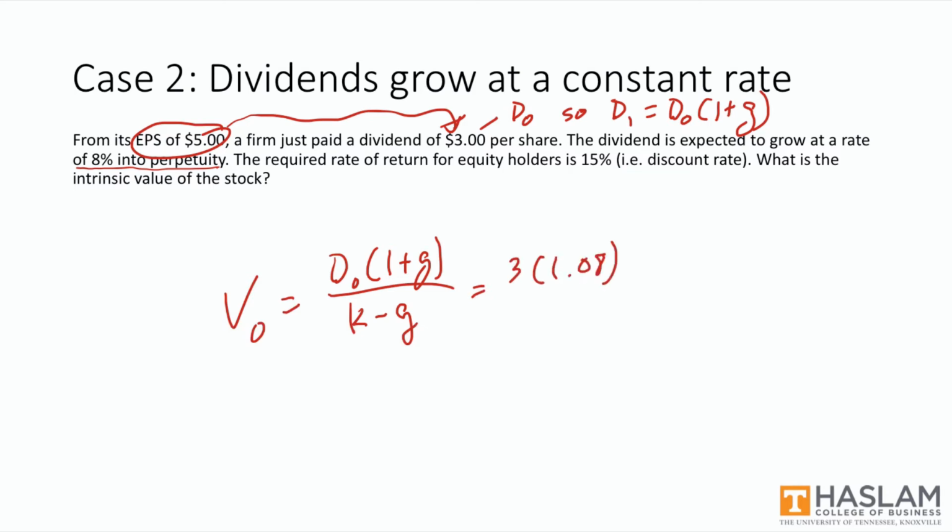We have 3 times 1 plus 8% in the numerator, and we have 15% minus 8% in the denominator. Intrinsic value for this stock is $46.29.